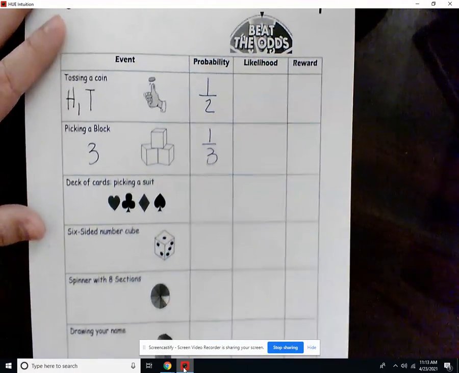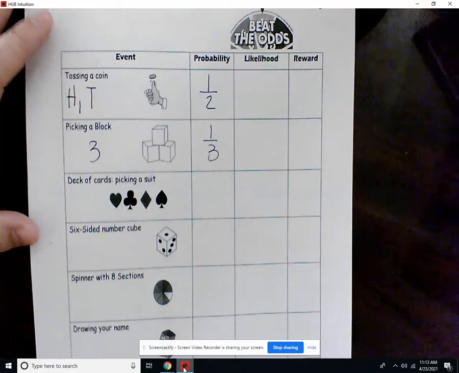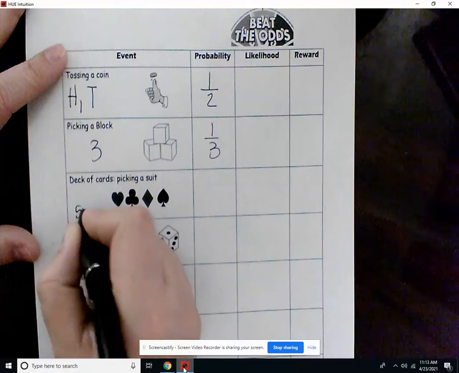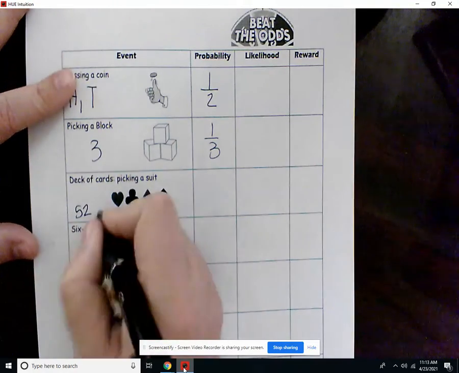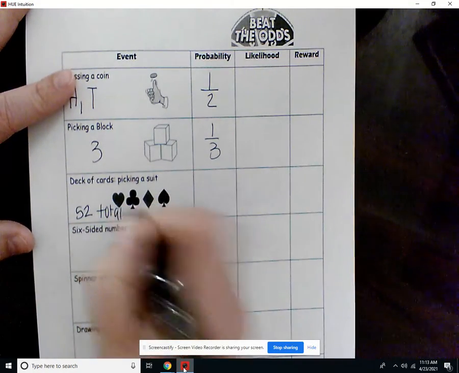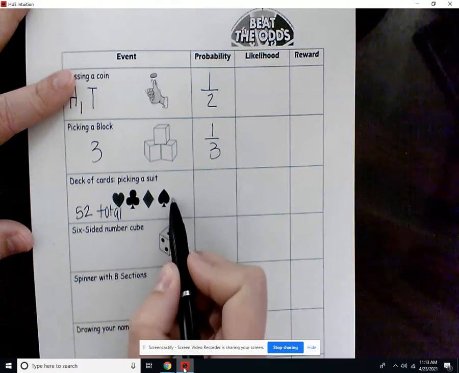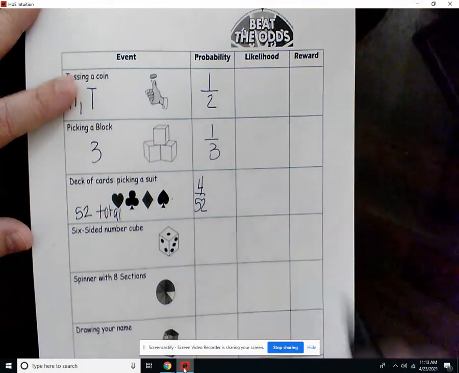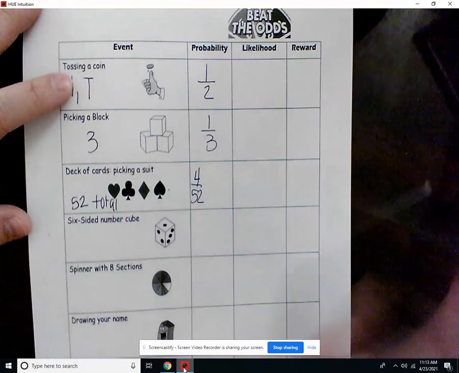Okay, a deck of cards, picking a suit. Well, in cards, we have 52 cards in all. We have 4 suits, so that's 4 out of 52. However, we can simplify that.